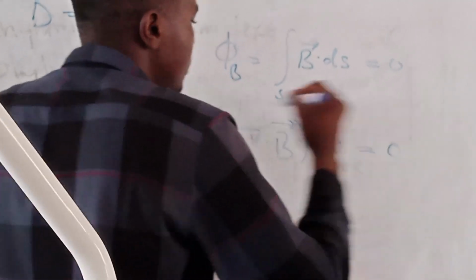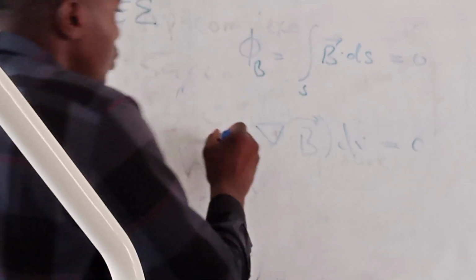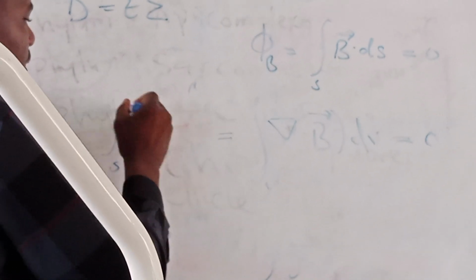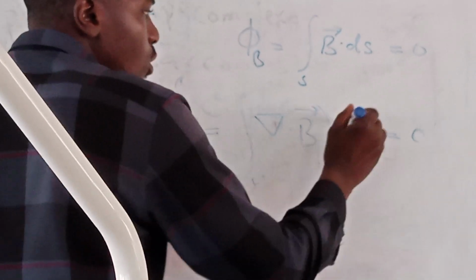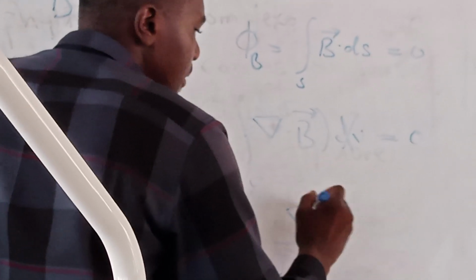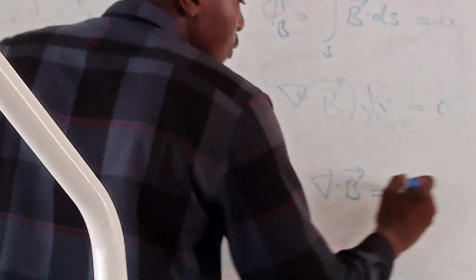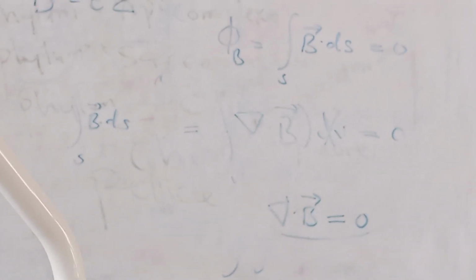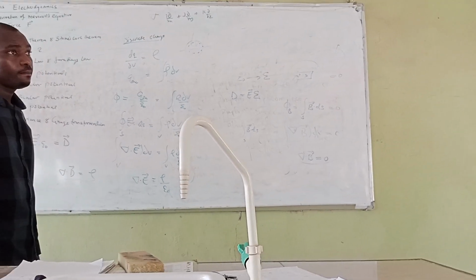It gives me 0. So this is equal to B dot dS. So please see what happens. This one is going with this, so that I will have my divergence of B is equal to 0. So this is the point form or differential form of Gauss's second law.